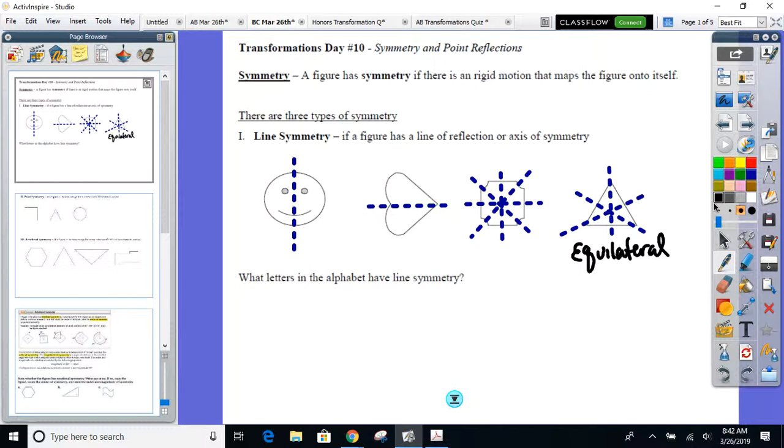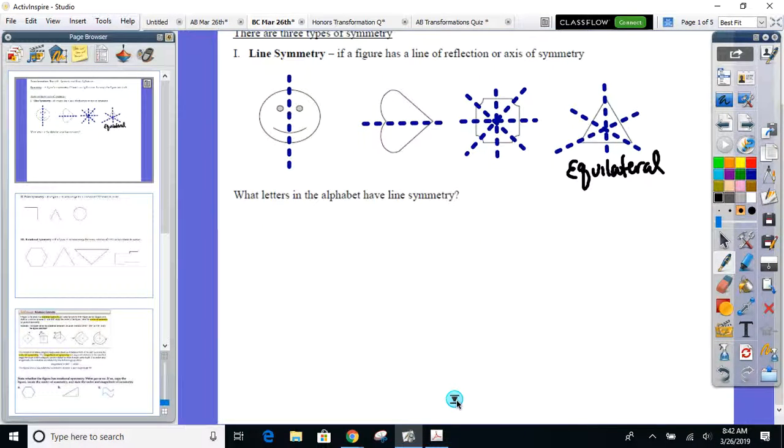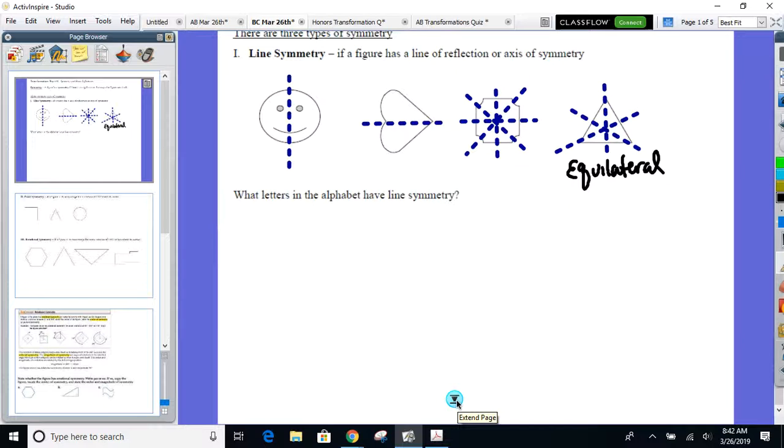All right, let's have a little fun here. Letters in the alphabet. Now let's just take care of this one, because there's always that guy or girl.